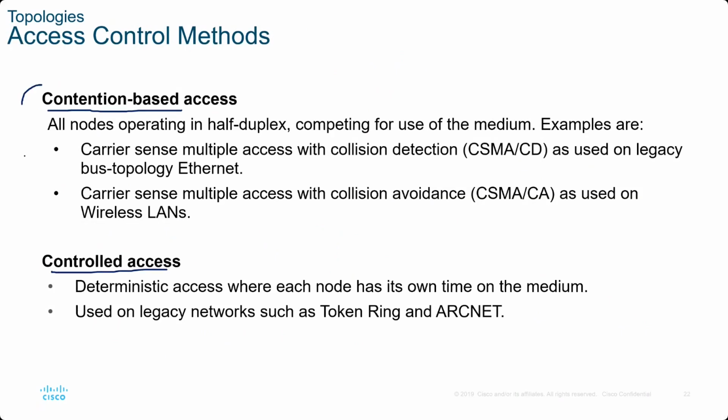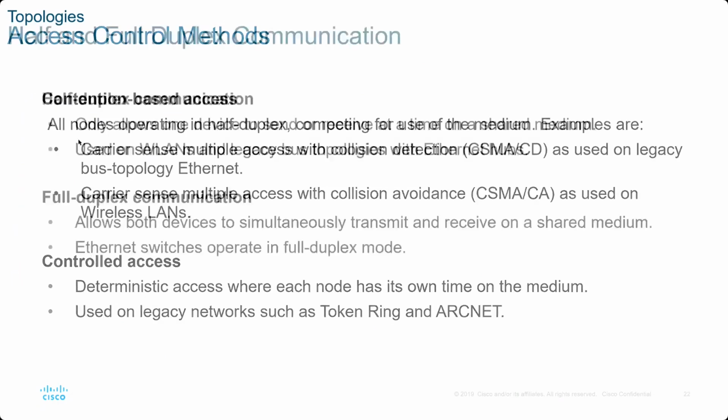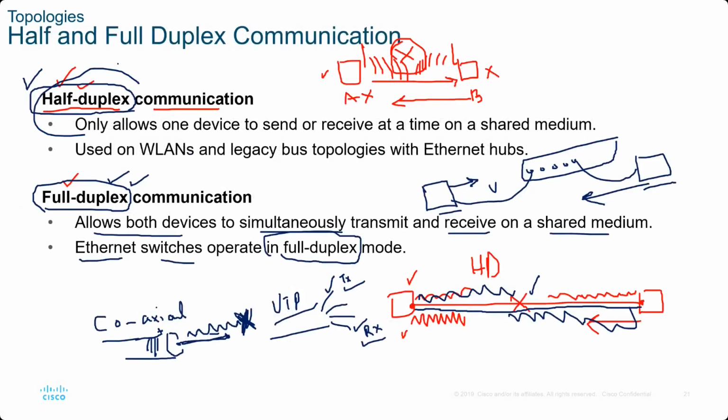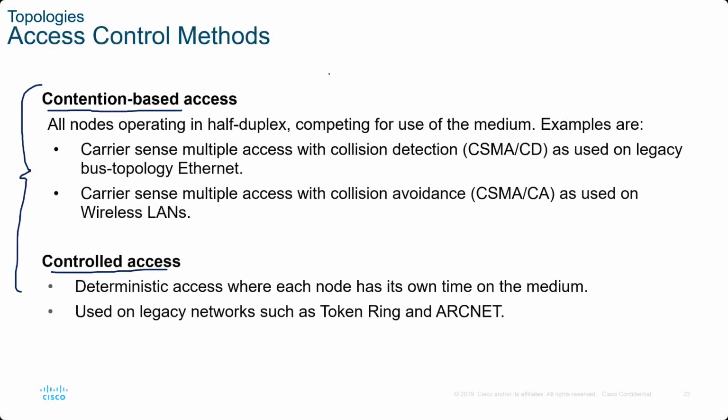these problems, the access methods, only appear in half duplex communication. If you have a half duplex communication, then you have an access problem. The problem is that if you have a single link between two computers, where you can only do half duplex communication, one of them can send, not both of them, then you need to solve a problem: how do you decide who can send and who cannot send, and when to send.